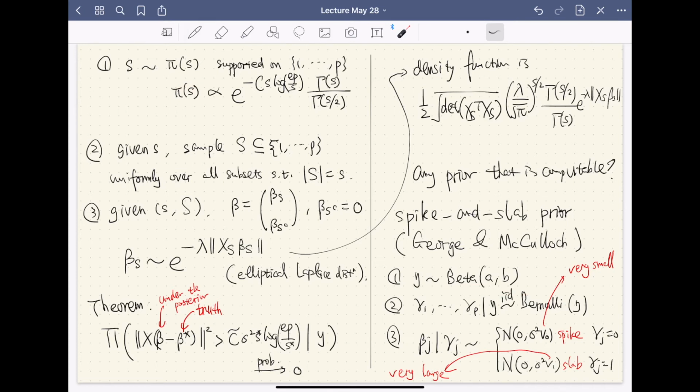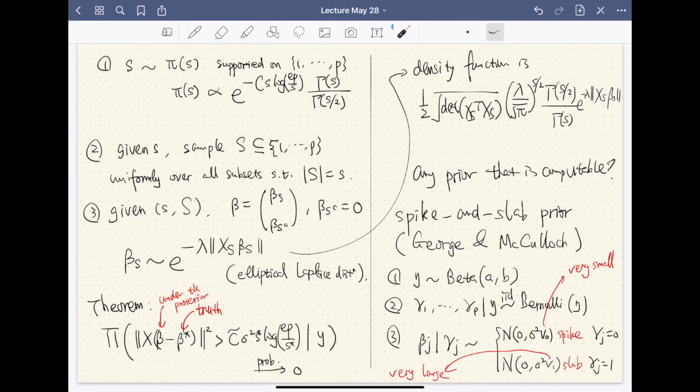In my prior, I explicitly sample the sparsity, but in the spike and slab prior, you sample a probability, which later determines the number of ones that you get in the Bernoulli samples in the second step. In the second step, you can correspond the entries which take ones to the subset S. And in the end, you have a spike and slab distribution.